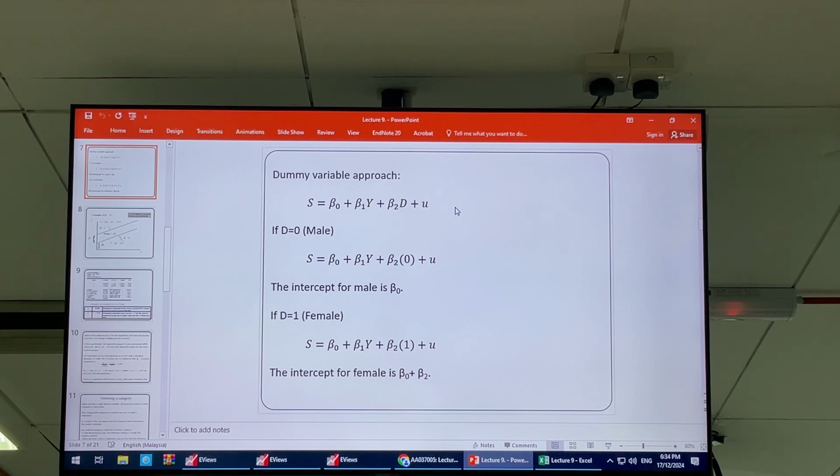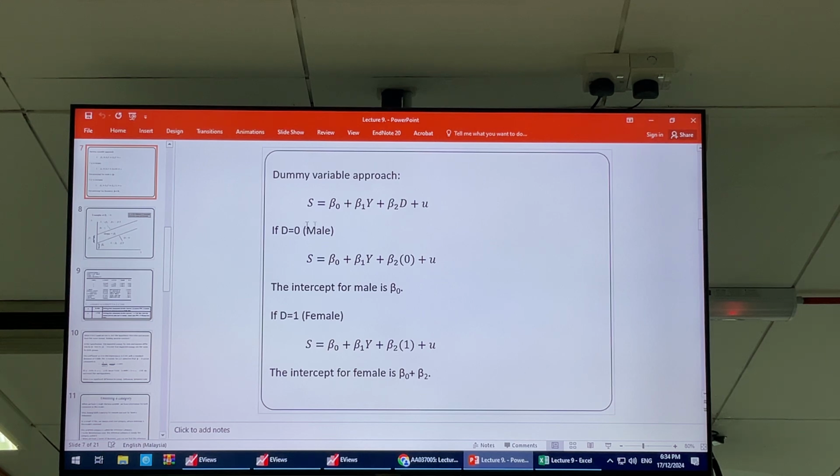Let's say we have another example: whether they are working in government or private sector. For example, you have 2 groups. Whether all these respondents are working in the government sector or private, so you have 2 categories.